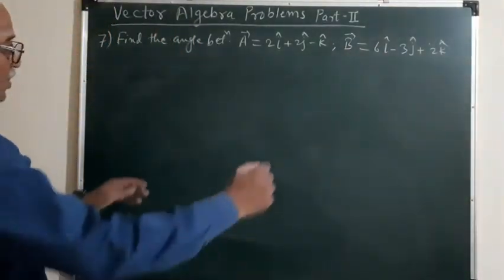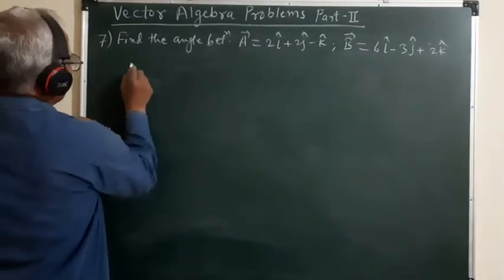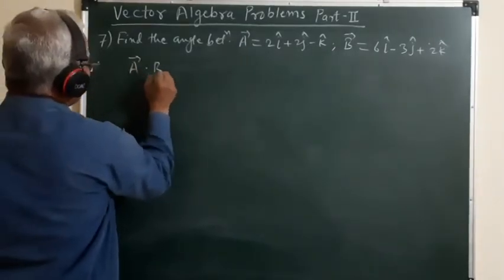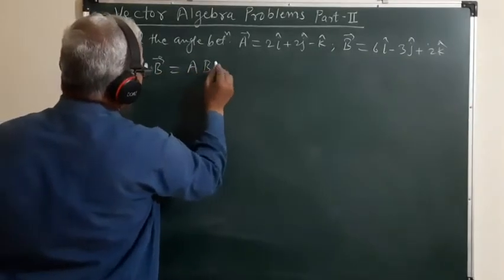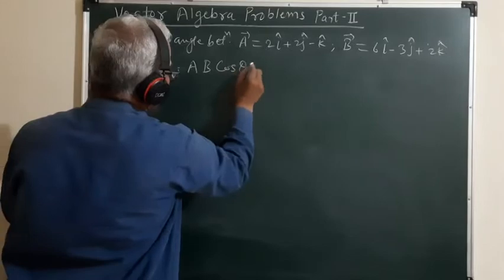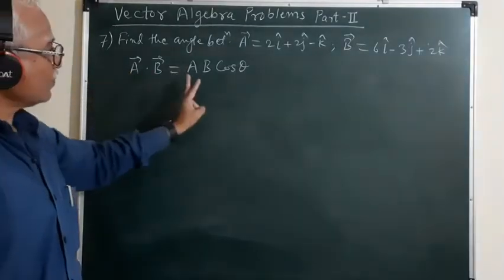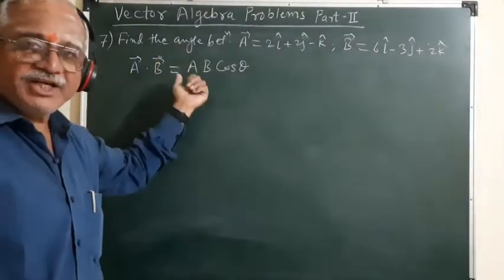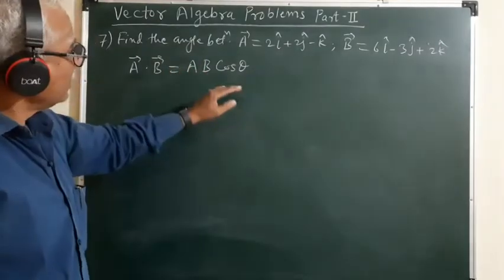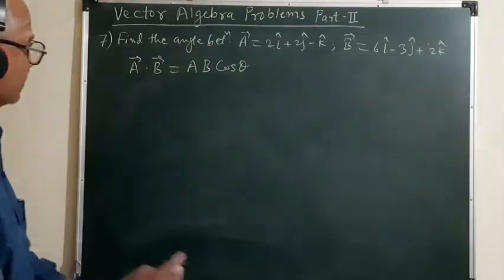So as we know, the dot product of the two vectors A bar and B bar is expressed as the product of magnitudes of the two given vectors and the cosine of the angle between them. So A bar dot B bar is equal to AB cos theta. Here A and B are the magnitudes of the two given vectors and theta is the angle between the two given vectors.